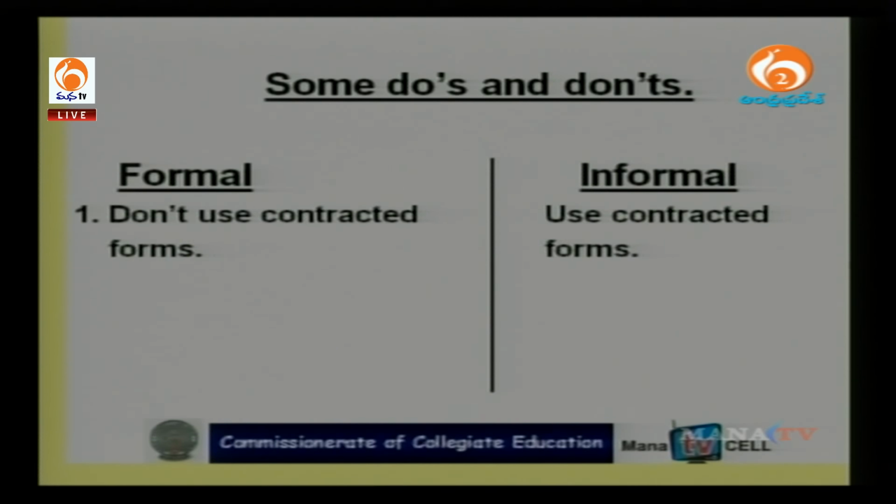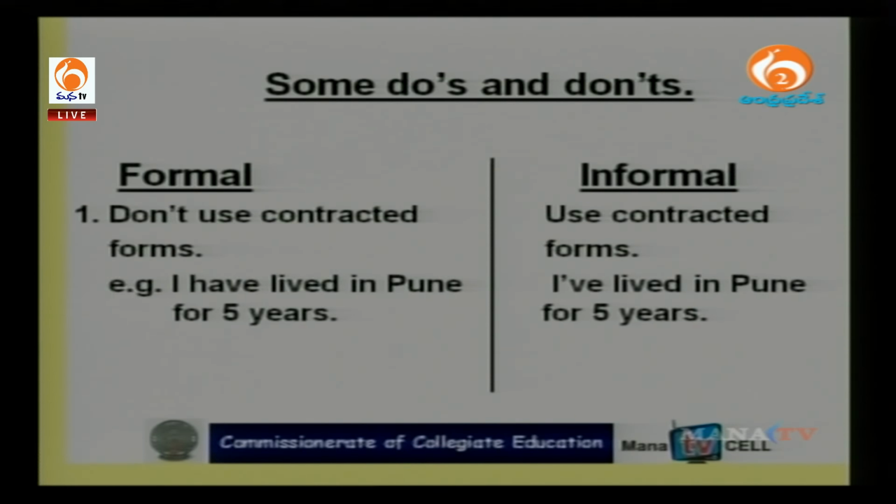Don't use contracted forms. Contracted means, for example, for "cannot", "can't" is a contracted form, and in formal language it is not very much advisable to use contracted forms, but in informal language you can easily use them.